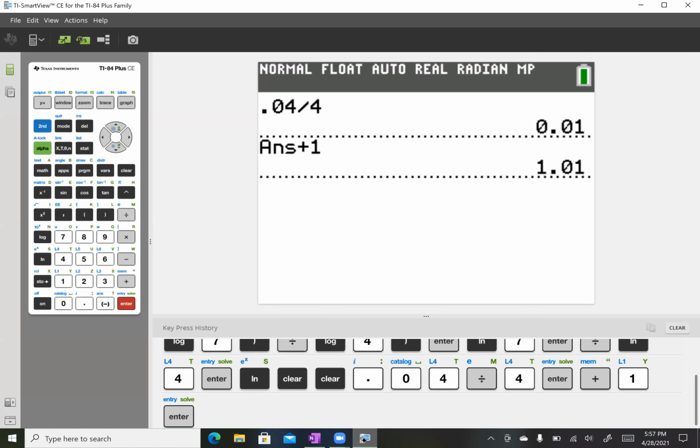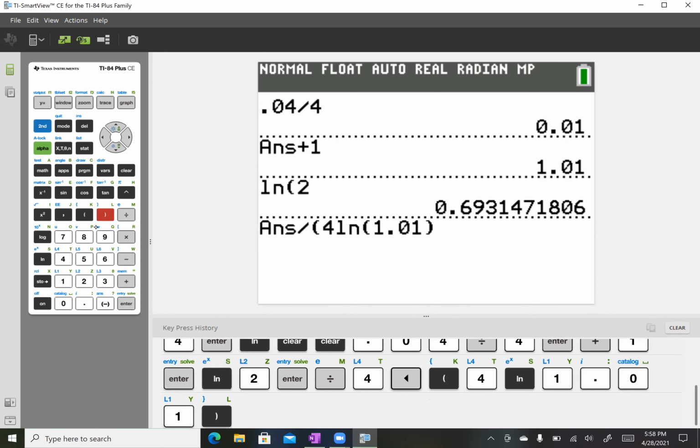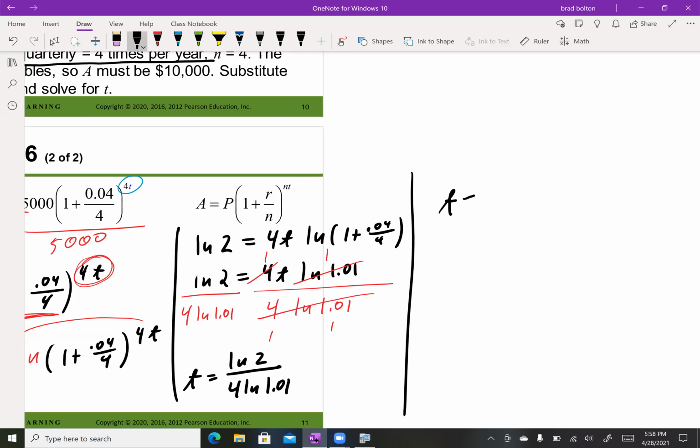So I'm just going to take the natural log of 2, hit enter, and then divide that by 4 natural log of 1.01, with parentheses around it. And I get 17.4152. So t is approximately 17.4152 years.